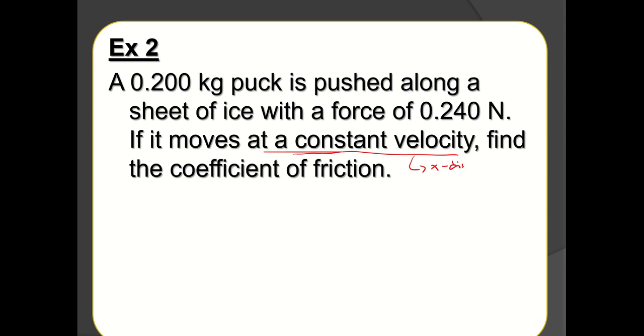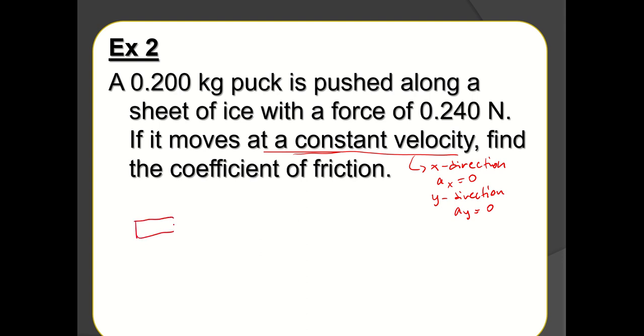So we can say that our x direction acceleration is going to be 0 because the velocity is constant. But it's also not moving up and down, so the acceleration in the y direction is also 0. So let's start with the free body diagram.